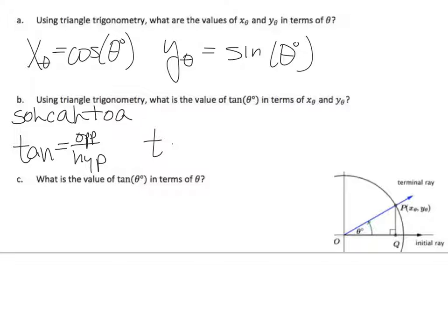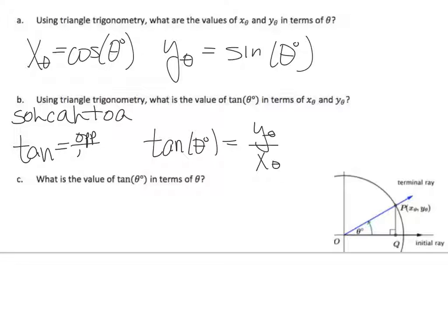Tangent, which is a much more useful way to think about it with a unit circle, is really y theta over x theta, which is opposite over adjacent.